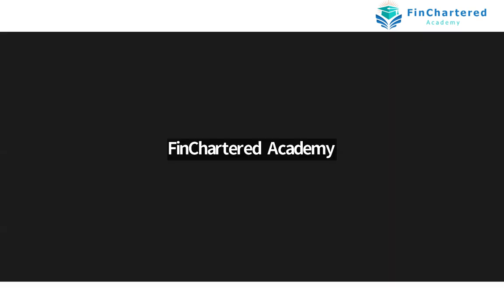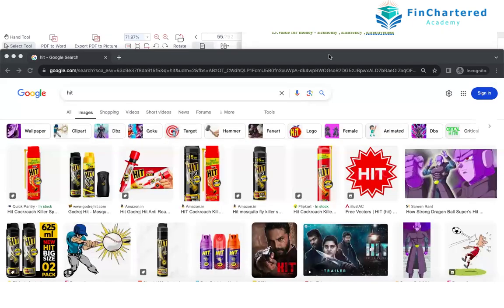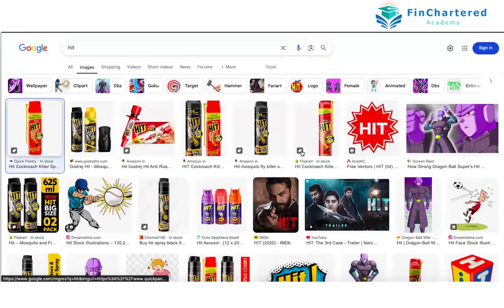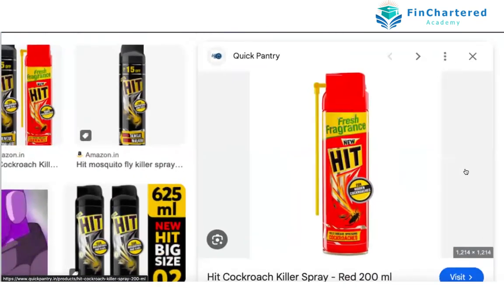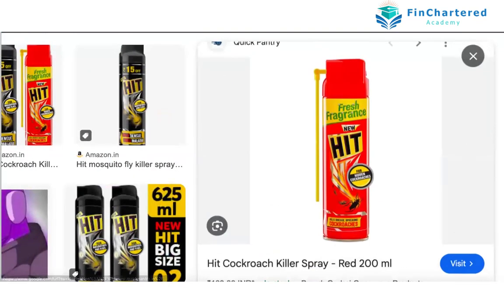And let's take one example. This is Hit, and this is used to kill mosquitoes, right?